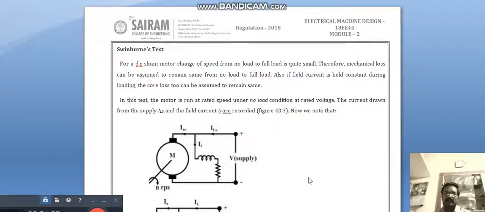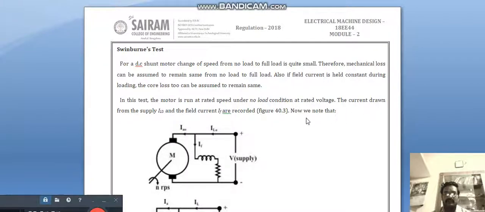Also, if the field current is held constant during loading, the copper loss too can be assumed to remain the same. So if we fix the field current at a particular value, then the copper loss also remains constant.